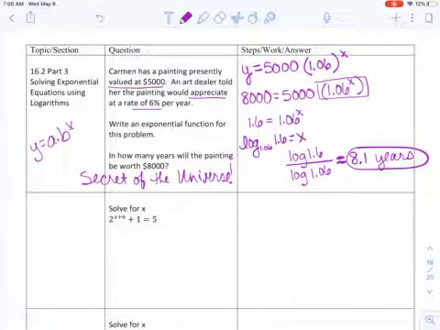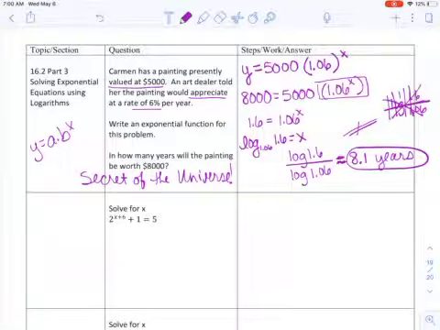Okay, and be careful because this is not the same. These two things are not equal. Okay, you're not doing that. You are literally typing into your calculator log 1.6. If it started a parentheses, make sure you close it. Divided by log 1.06.